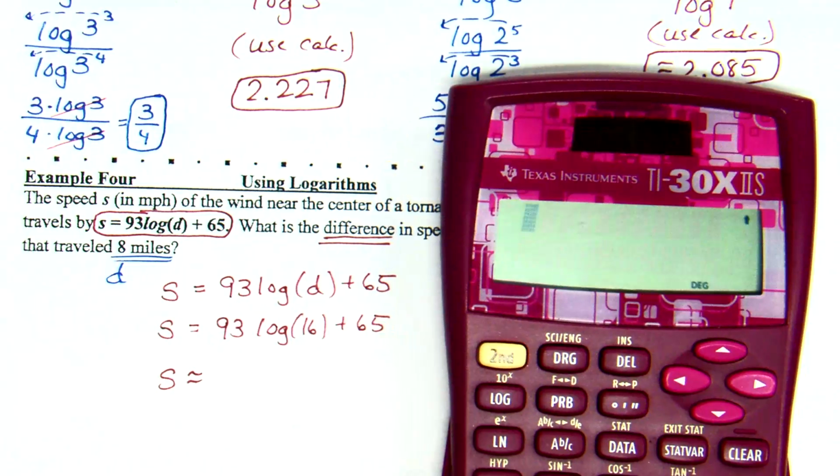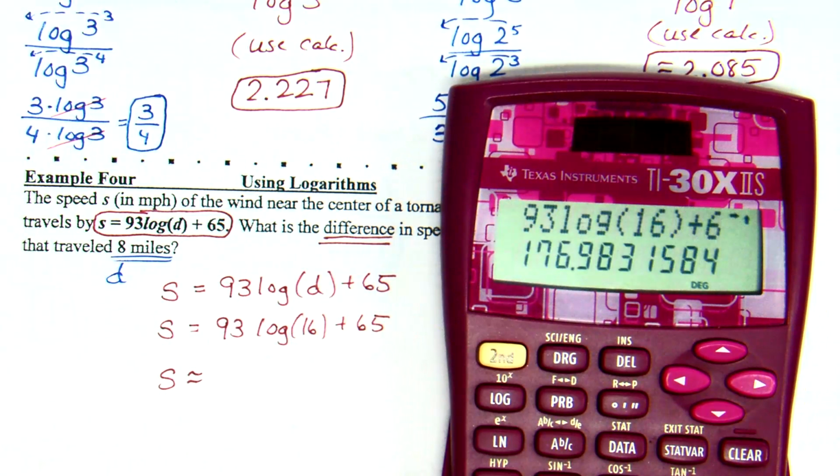Okay? Some calculators are not going to be able to do that. So you have to figure out how to use your calculator. But honestly, my calculator, I can go 93 log of 16. As long as I close my parentheses, this will work. Close. And then plus 65. Okay? That's the answer I get for the 16 miles.